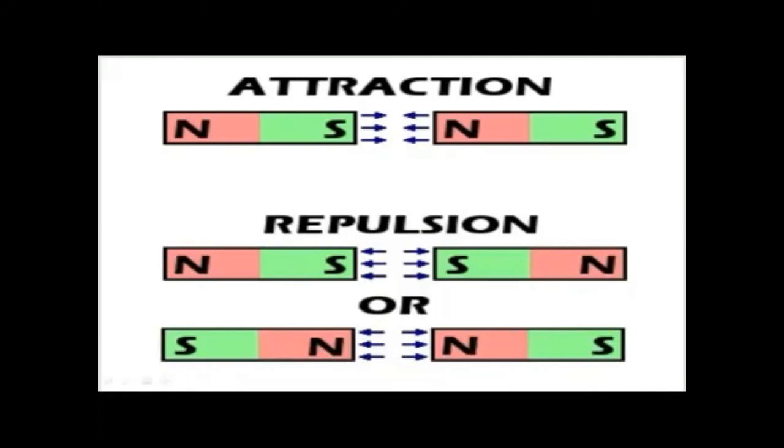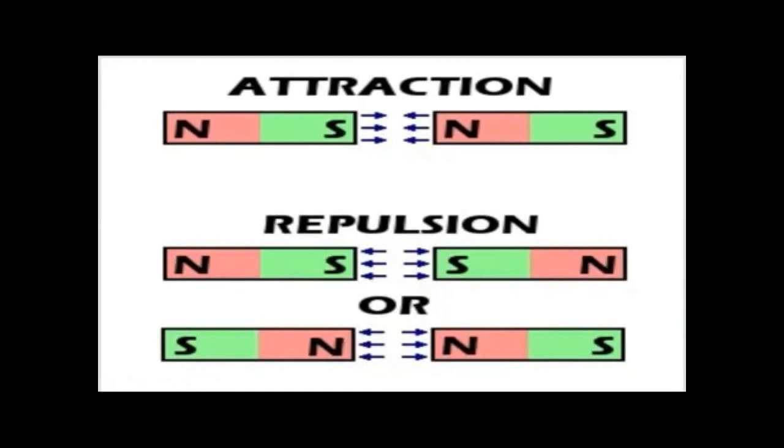When two same magnetic poles are close, they don't attract each other. So, what about attraction? I'm repeating again. When two opposite magnetic poles are close, they attract each other. And when two same magnetic poles are close, they don't attract, they repel each other.